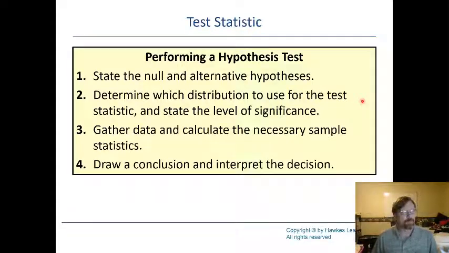So, Z, the normal distribution, or Z statistic for proportions, and if you happen to be lucky enough to know the population standard deviation. T statistic for a sample mean where you don't know the population standard deviation. Gather your data, calculate the sample statistics, draw your conclusion, and interpret the data.